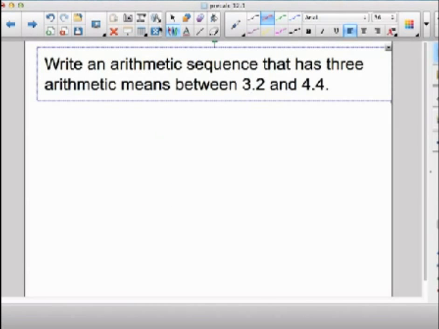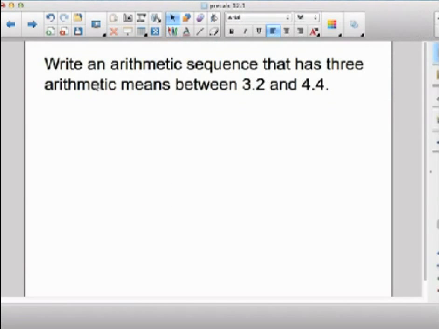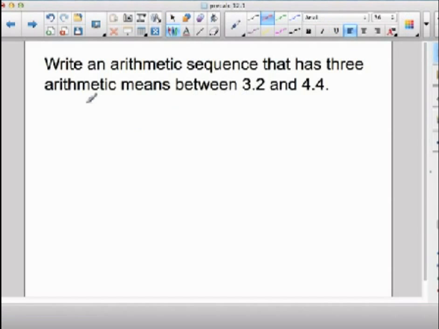Write an arithmetic sequence that has 3 arithmetic means between 3.2 and 4.4. So what an arithmetic mean is, I've got 3 terms in between those, 1, 2, 3, and then 4.4.